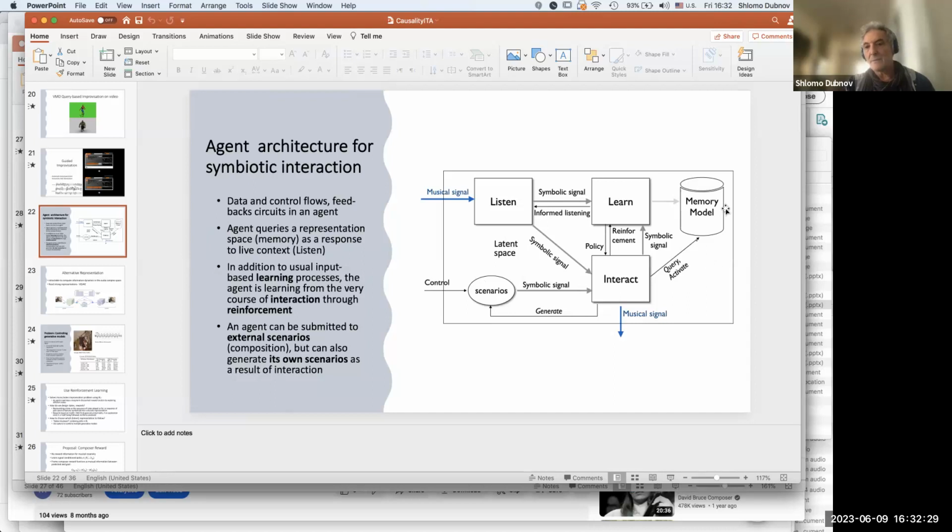On the other hand, you might have a specific memory model, a data set, or some way of generating these things. So the machine learning, in some sense, is there: listening is needed to create memory models and learn stuff. But then it's also required during the interaction. So that symbolic part goes to learning. It also goes to the interaction part.